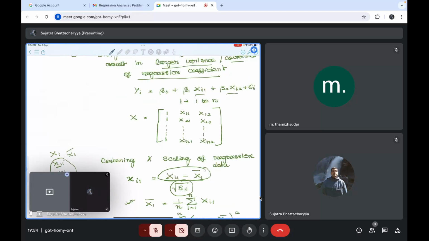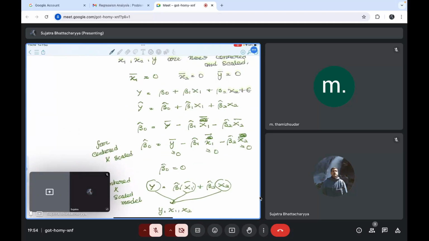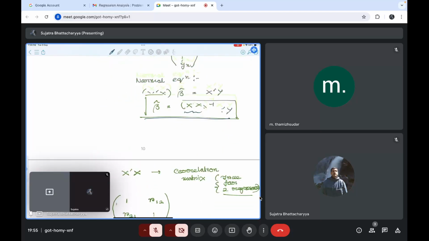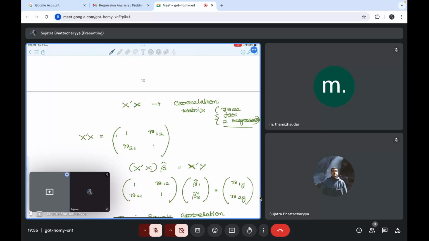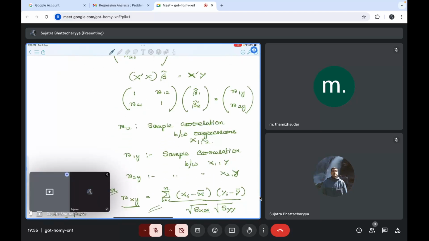To detect multicollinearity, you must always do the technique of centering and scaling of the regression data using the concept which I have shown. Once you have reduced this, you can calculate X prime X, which will be a correlation matrix for the two regressor case. For more than two regressors, you can always compute the coefficient of multiple determination.